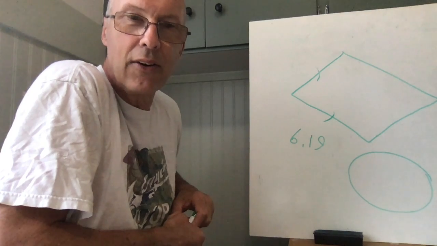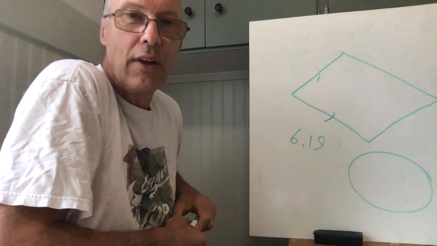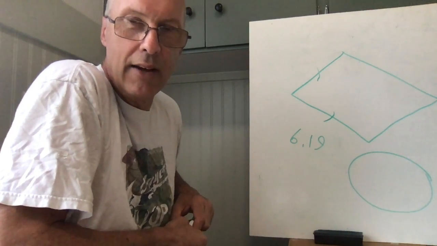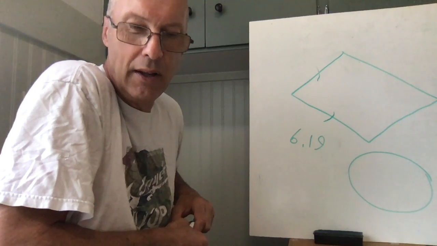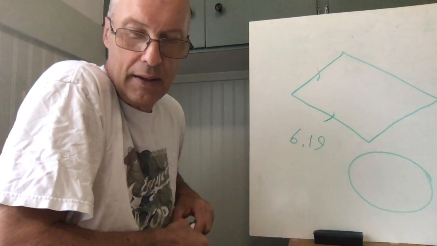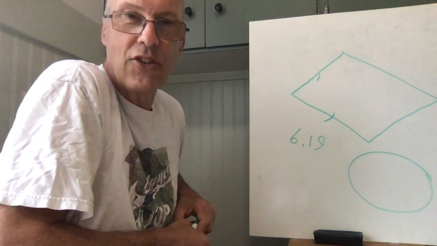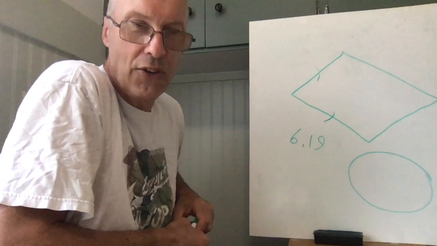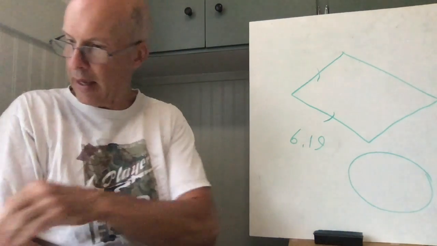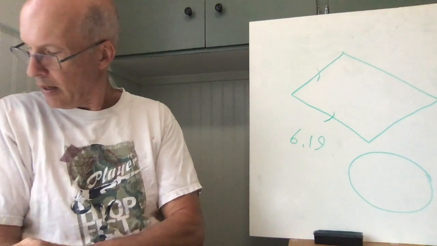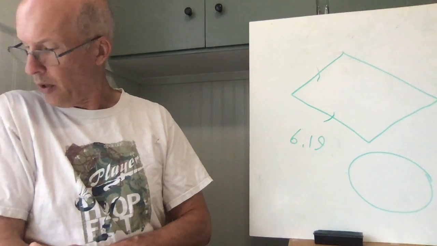A rectangle has 4 congruent angles and opposite sides that are parallel and equal. And then a square has 4 sides that are equal, 4 angles that are equal, and they're parallel.